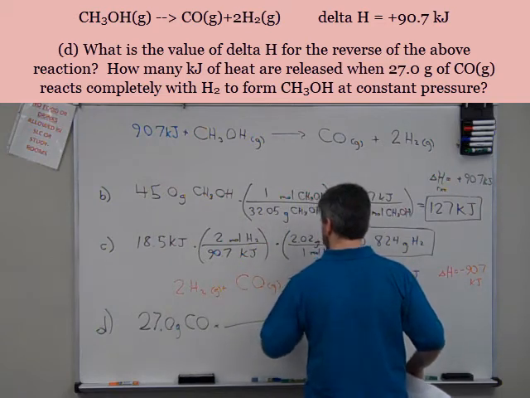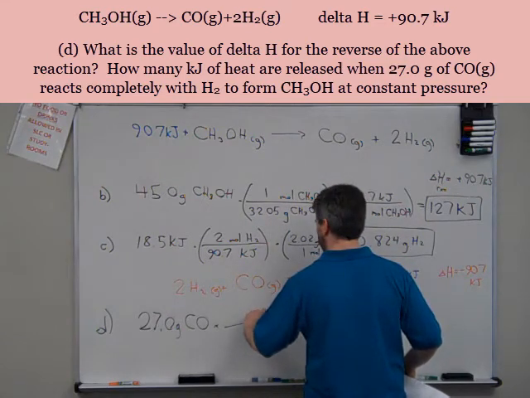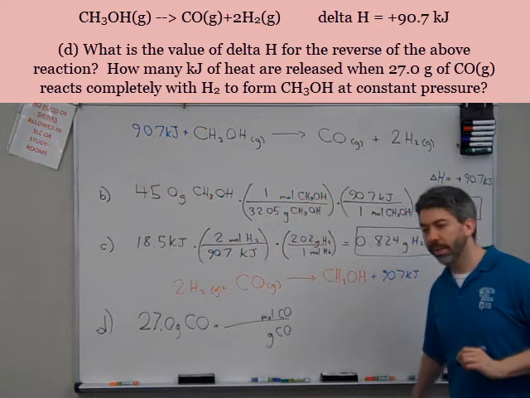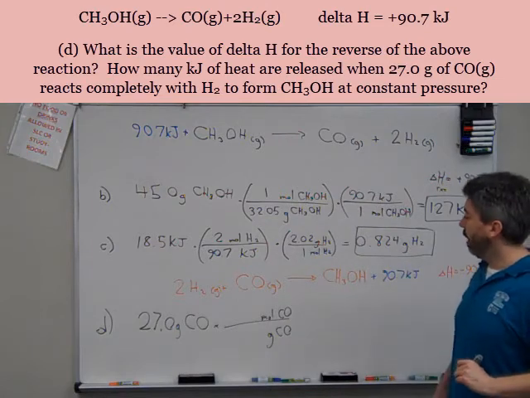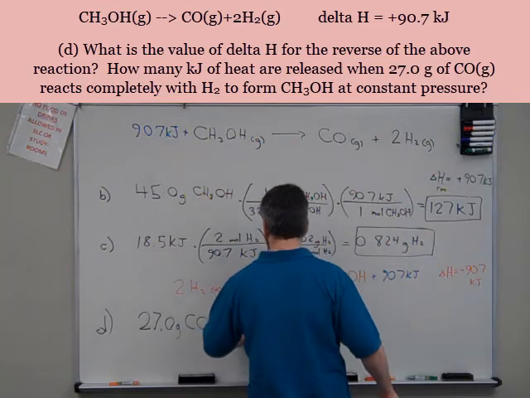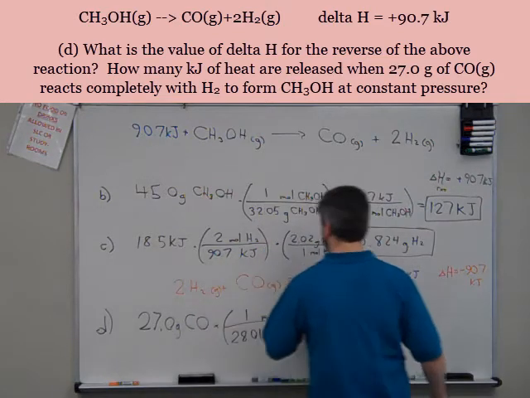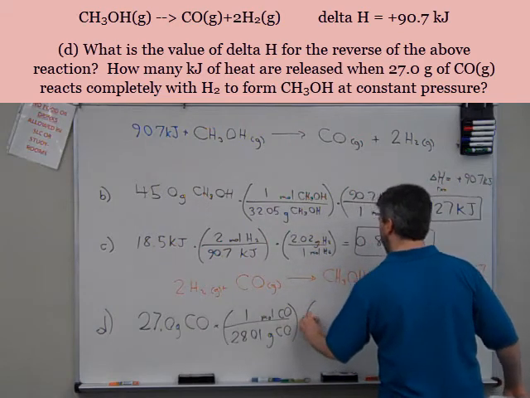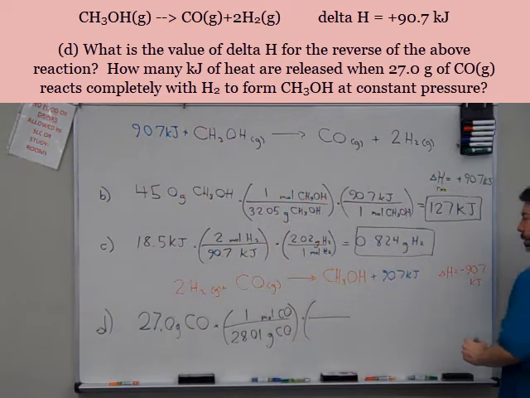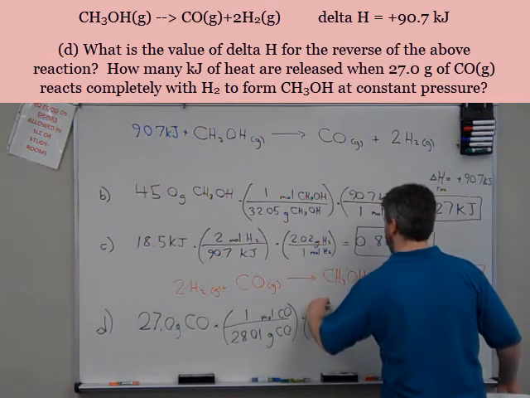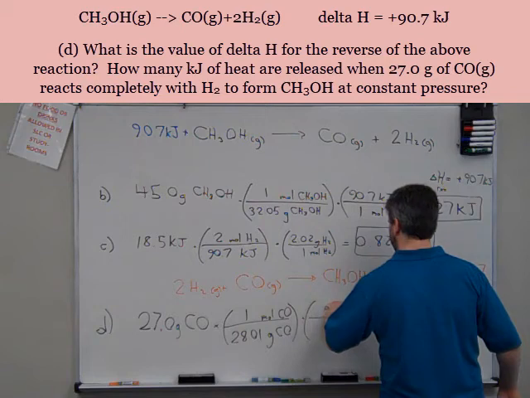Grams of CO. What goes on top? Moles of CO, because moles are what make everything possible. Not really, but I can do a lot with them. Now, the molar mass is 28.01 grams per mole, 16 plus 12. Now that we have moles of CO, I can convert to kilojoules. Moles of CO converts to 90.7 kilojoules.